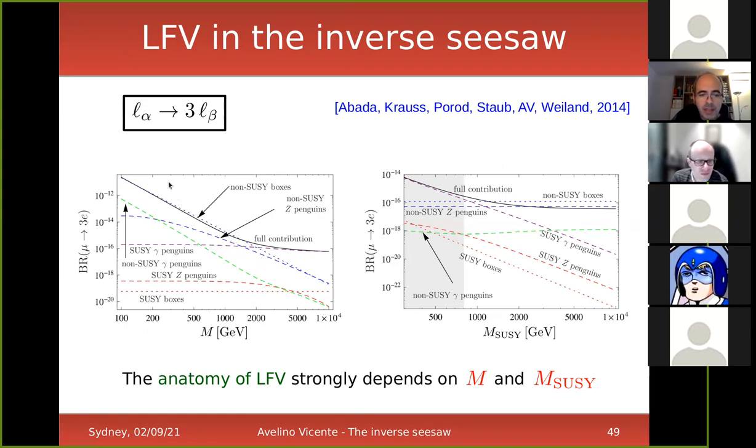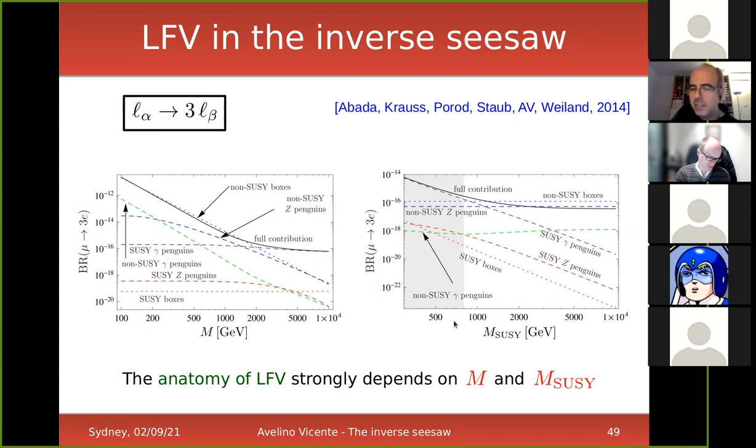And you see that the full line corresponds to the total branching ratio, in both plots, and the different dashed lines correspond to the different contributions that you have, for example, from photon penguins, Z penguins, supersymmetric and non-supersymmetric boxes.